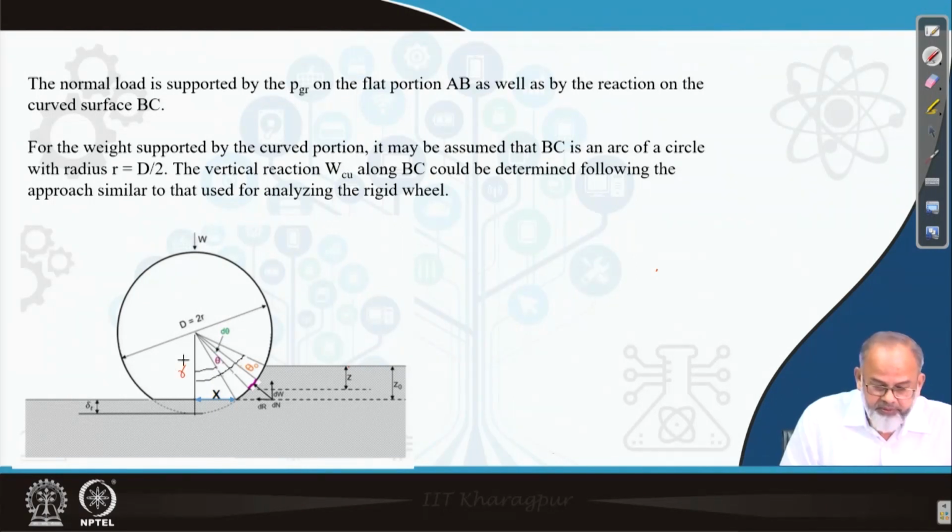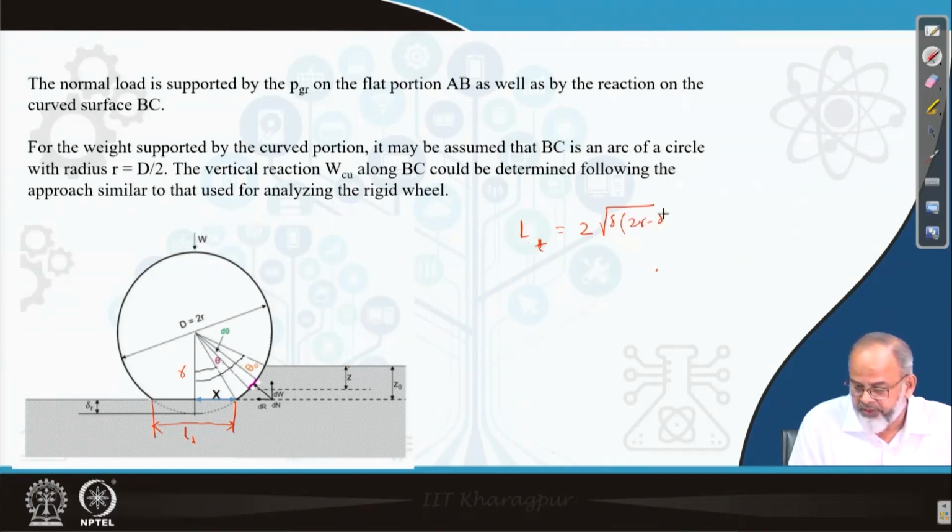Okay. So, now the expression for LT will be, so LT will be this distance. LT will be equal to twice square root of delta into 2r minus delta, or diameter minus delta.